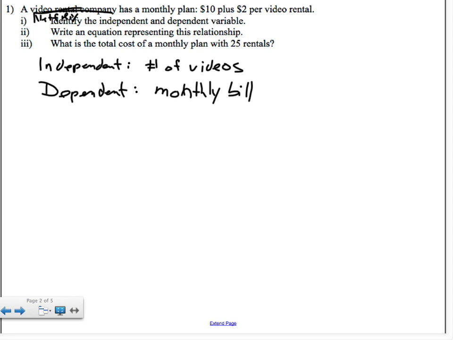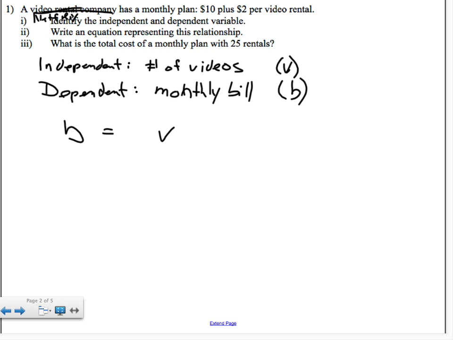So how can I come up with the equation for this? Let's give these variables first. What would we call the independent variable, the number of videos? V. Sure, so we'll call this V. And what would we call the monthly bill? B. Okay. So our equation is always going to have the dependent variable equal to something that happens with our independent variable.